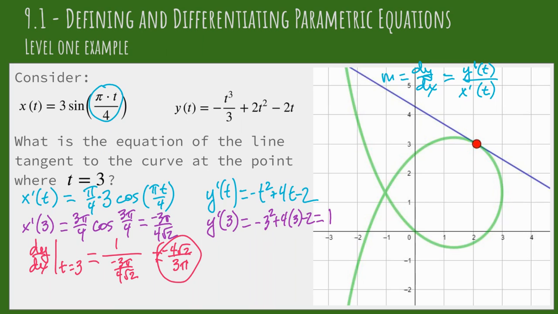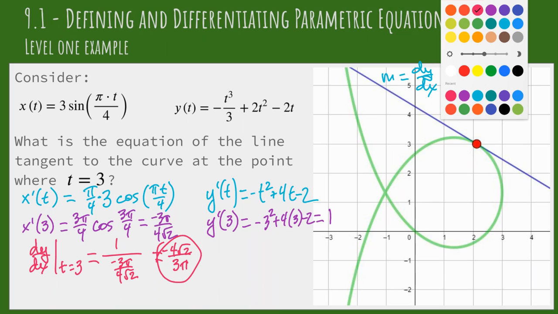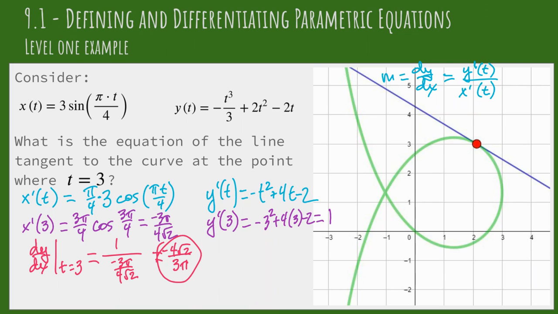So the next thing we want to do is write the equation of the tangent line. We know the slope of that line, but we need to know the coordinates of that point also. So to get the coordinates, we're actually just going to plug 3 into our two equations up here. So we need to know what x of 3 is and what y of 3 is. So x of 3 is going to be 3 sine of 3 pi over 4.